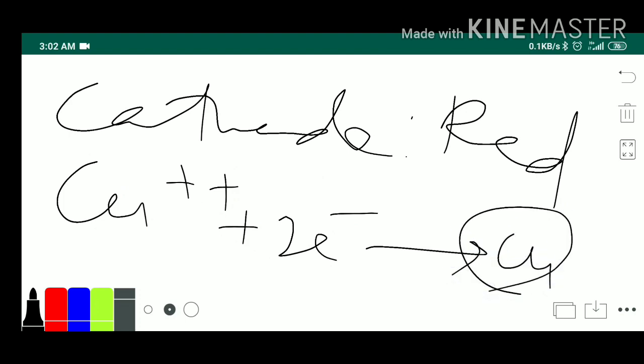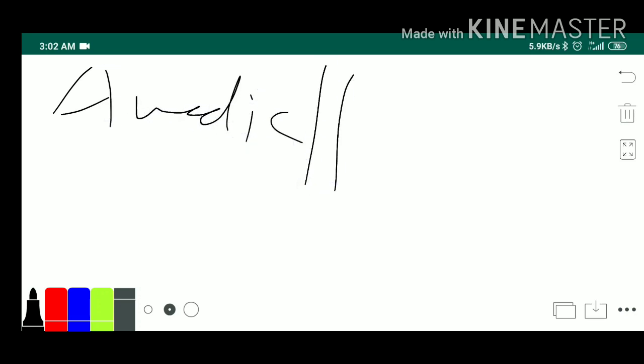To represent an electrochemical cell, whether galvanic or electrolytic, first write the anodic reaction, separated by 2 lines, and then the cathodic reaction.